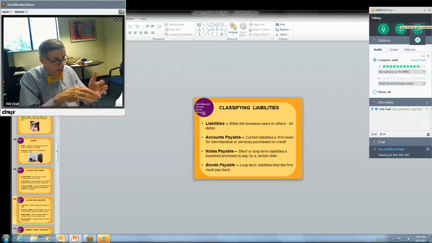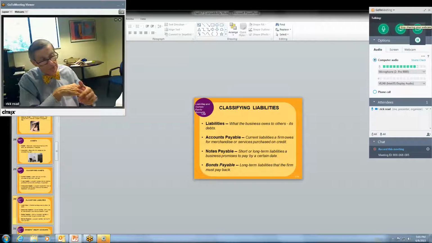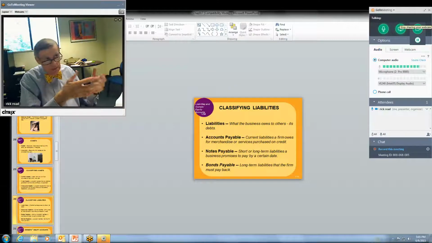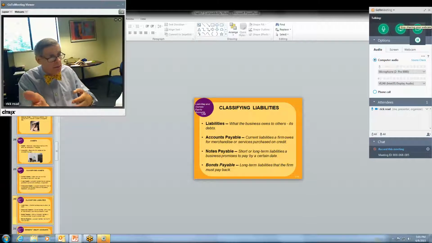It will say that you owe $50 today because the bill was generated today, and if you pay within the next 10 or 14 days, whatever it happens to be, you still owe $50. If you go to day 15, you're going to owe $55, or whatever they figure the interest rate is, or whatever they decide to charge you. So that's accounts payable.